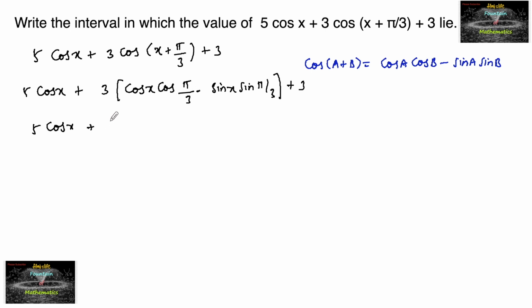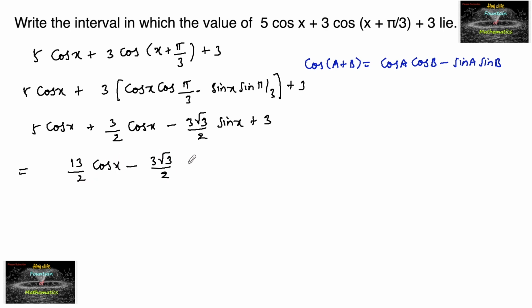So we can take 3 upon 2 cos x minus 3 root 3 by 2 sin x plus 3, and simplifying 5 plus 3 by 2, we get 13 by 2 cos x minus 3 root 3 by 2 sin x plus 3.